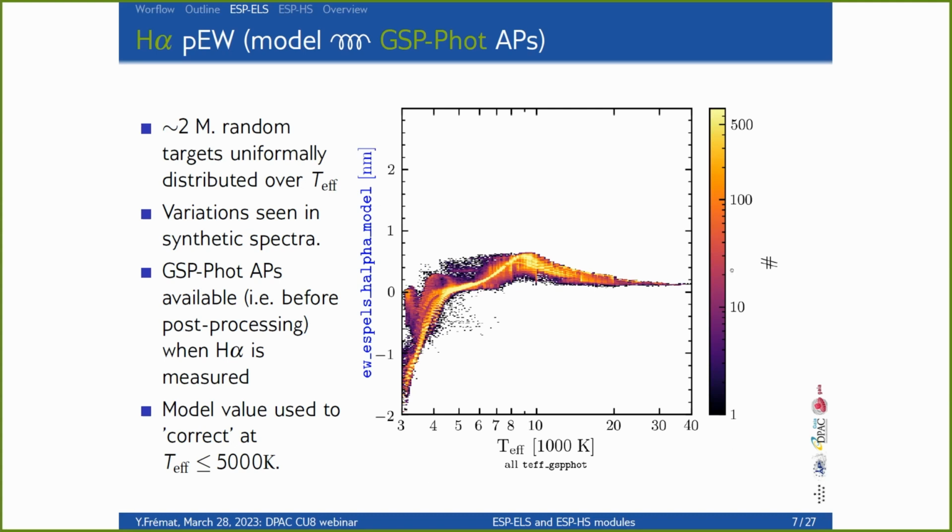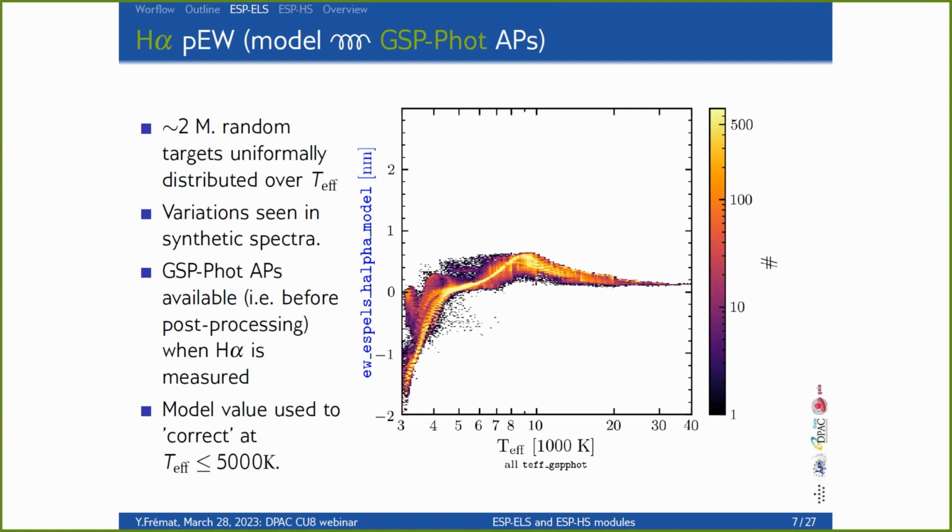In this figure, what I'm showing is, for exactly the same targets as in the previous plot, the H-alpha measurement that has been done on the synthetic spectra. As expected, it varies in the same way. We see here this maximum for the A-type stars.